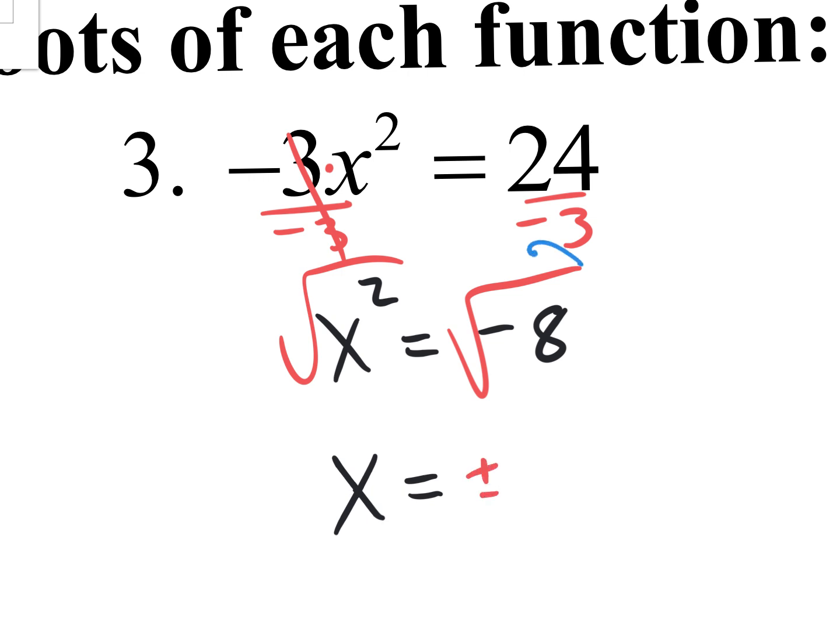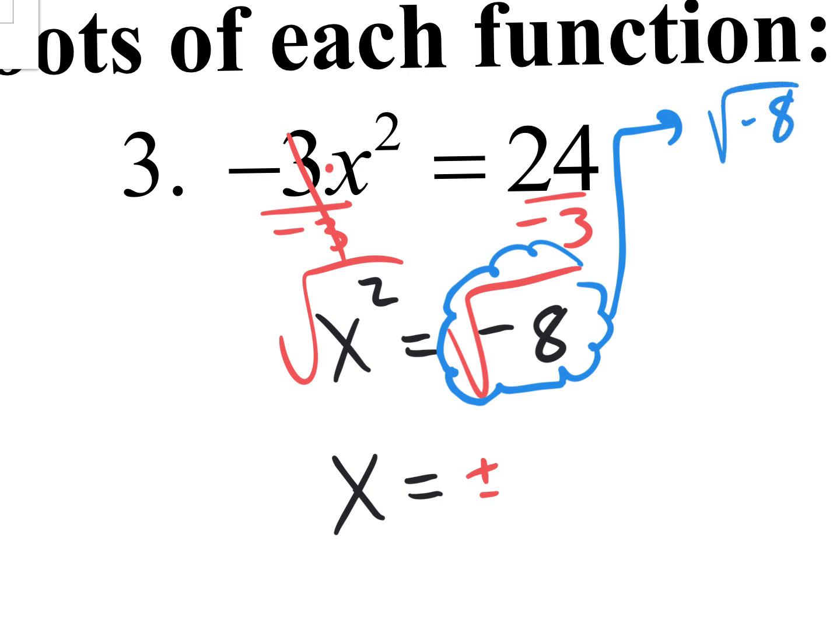Now the question is, what is the answer to the square root of negative 8? Well, I'm just going to show my work here, even though most of you already know how to do this. The negative sign is going to come out as an i, okay? But the actual work is saying, I'm going to rewrite negative 8 as negative 1 times 8.